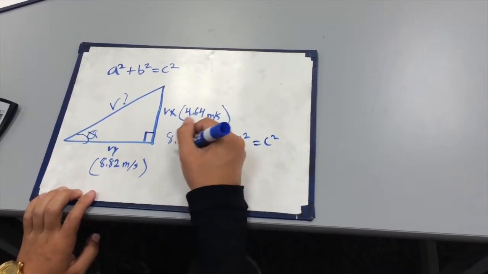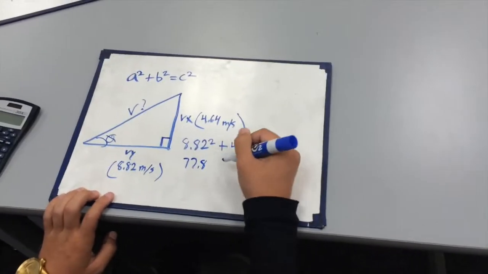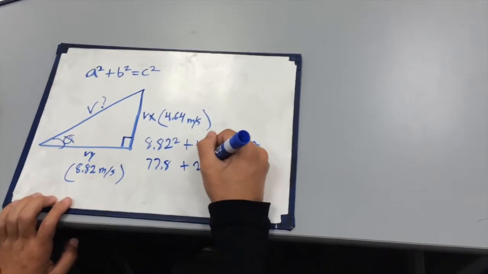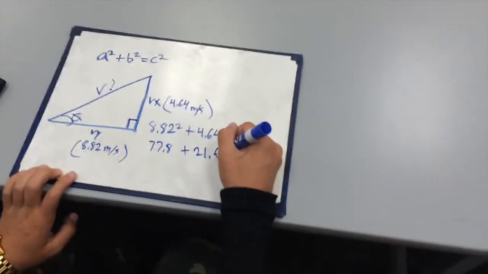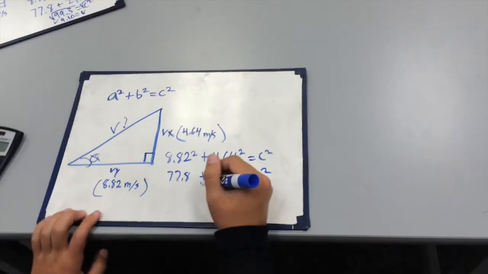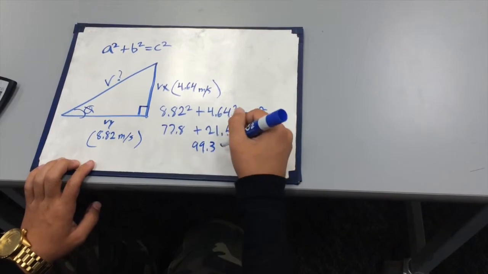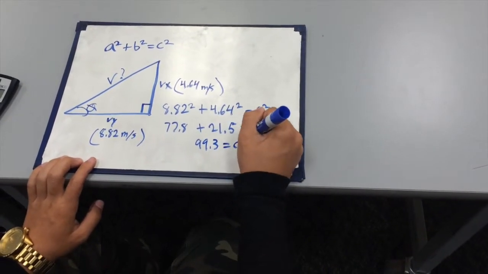So this comes out to 77.8 plus 21.5 equals c squared. Now you're coming out to 99.3 equals c squared.